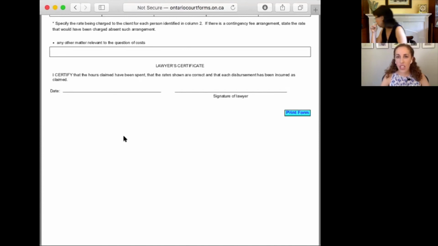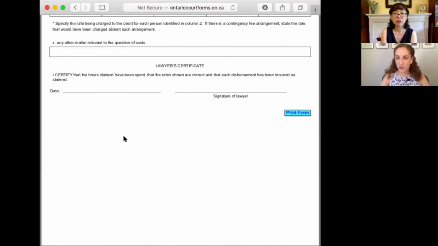Okay, is there anything else that you wanted to share with us today on these forms? I think that's about everything on the forms. If you're self-represented, make sure you point out to the court the amount of time you put into it, but also perhaps the amount of money you might have lost in income by working on this case. It gives them some context as to what amount to award you, if they are going to award you anything.